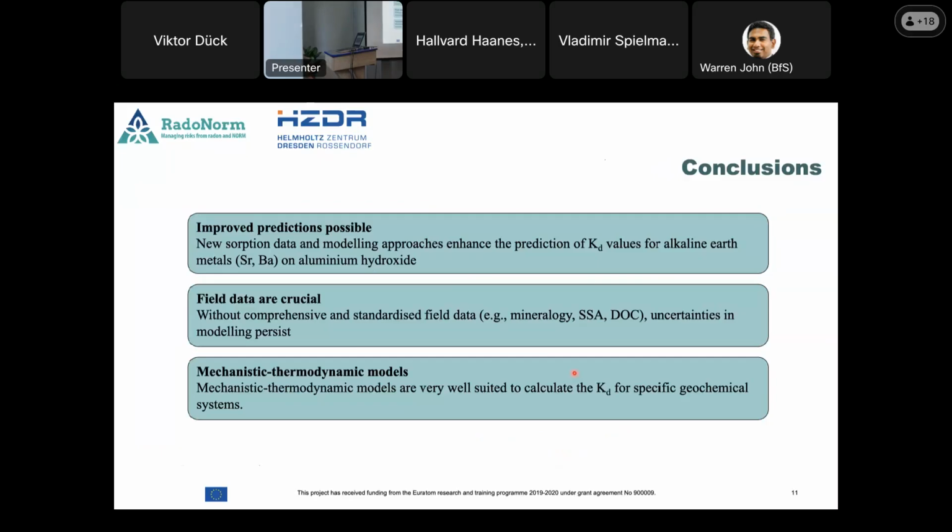New sorption data and modeling approaches enhance the prediction of KD values for earth alkaline metals like strontium and barium on aluminium hydroxide. Good field data is crucial. Without comprehensive and standardized field data like mineralogy, etc., uncertainties in modeling persist, and mechanistic thermodynamic models are very well suited to calculate the KDs for specific geochemical systems.